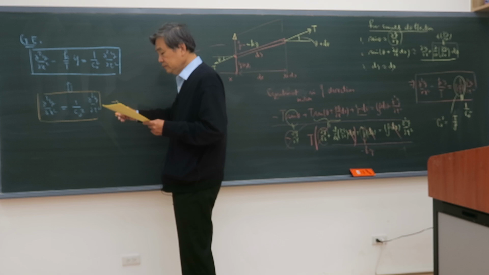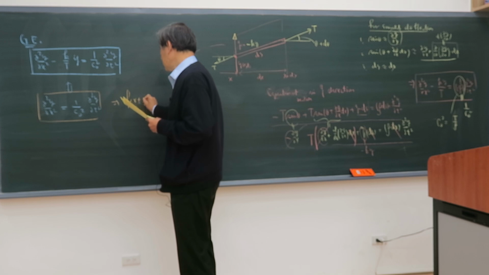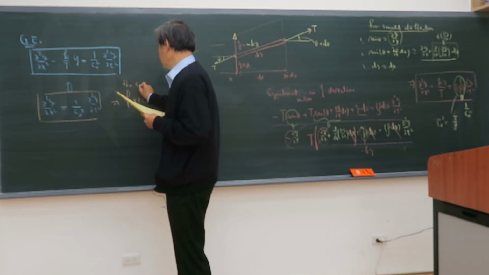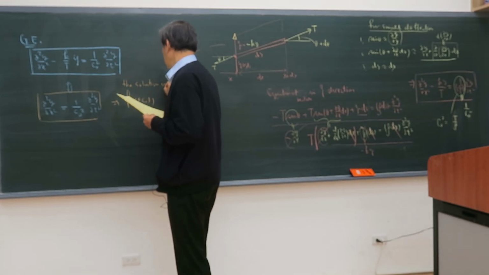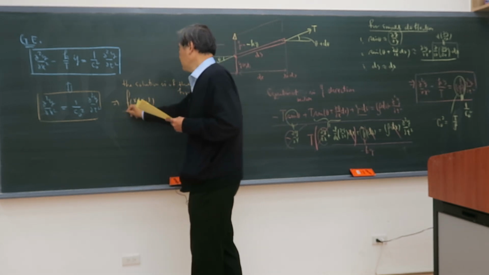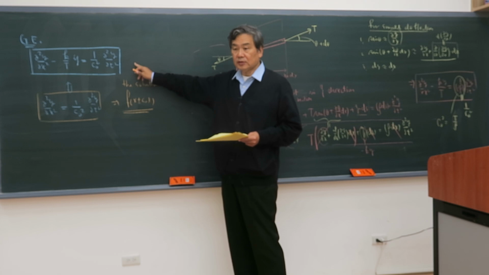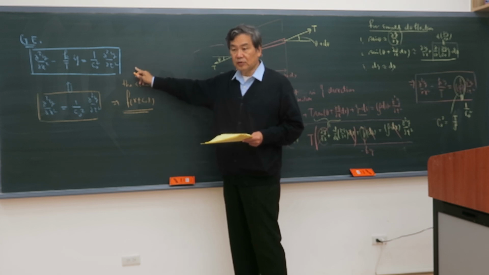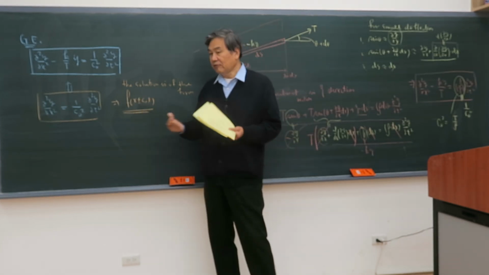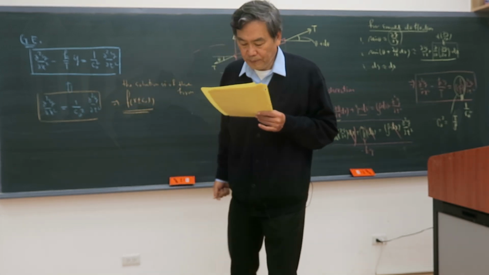It has a solution f(x plus or minus c0 t). The solution is of the form x plus or minus ct, and this equation will not. So the solution of this equation is different. It cannot have this kind of form. This form will have a wave propagating in the x positive and negative direction.